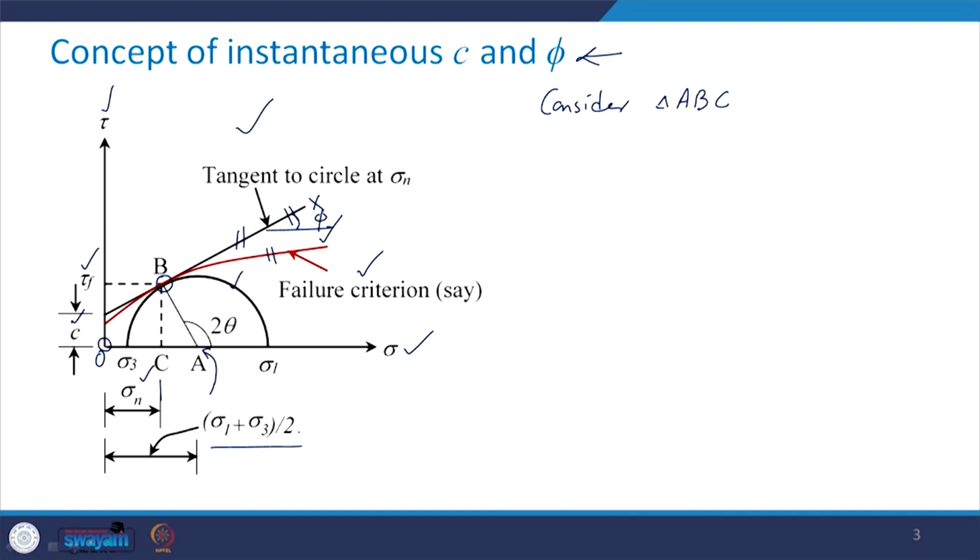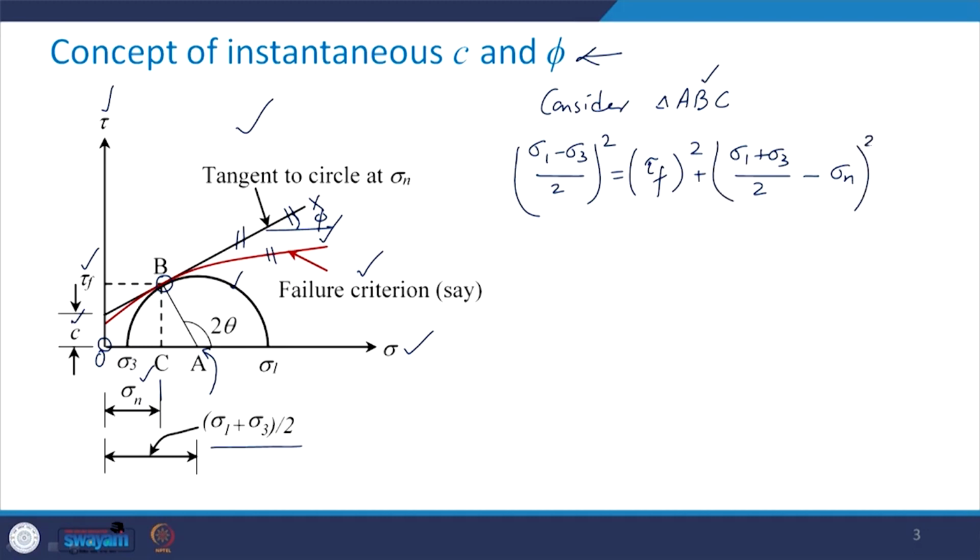When we consider this triangle ABC, we can write sigma 1 minus sigma 3 upon 2 whole square is equal to tau f square plus sigma 1 plus sigma 3 upon 2 minus sigma n whole square. What I have done is this: distance AB square is equal to BC square plus AC square. That simple relationship I have written here.